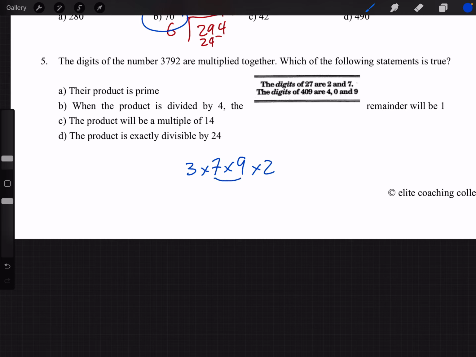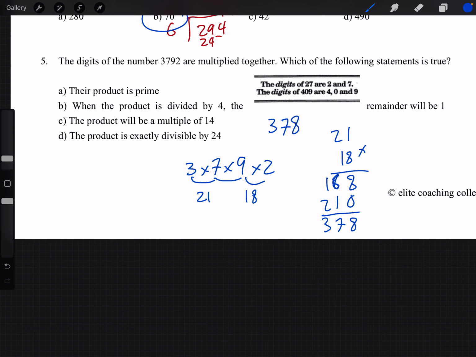Actually, let's do 21 times 18. So 18 times 21. Let's see. 8 times 1 is 8. 8 times 2 is 16. Then 0, 21. This will be 8, 7, 3. So you're going to get 378 when you multiply the digits of that number together.